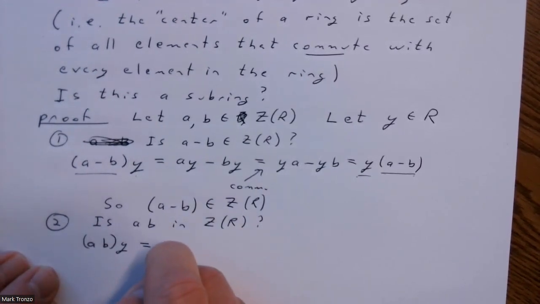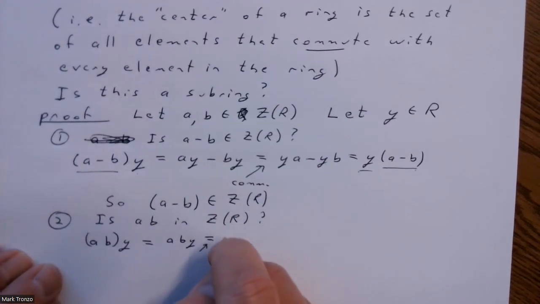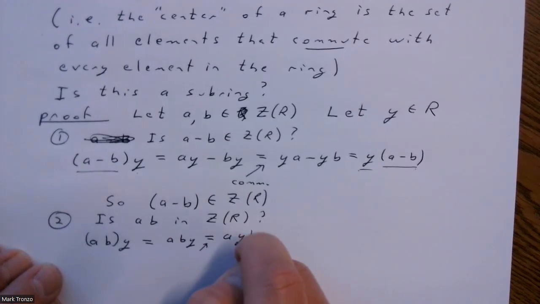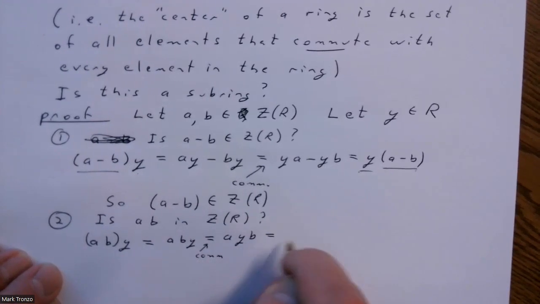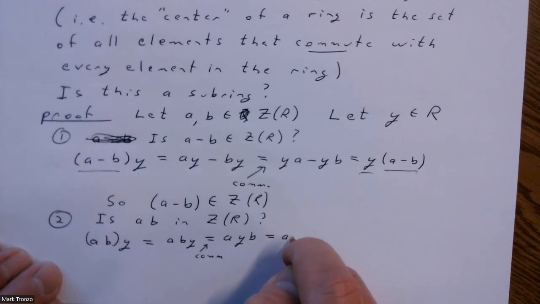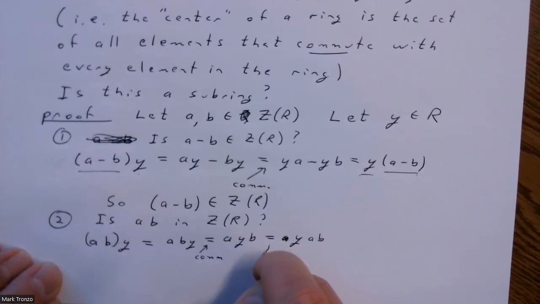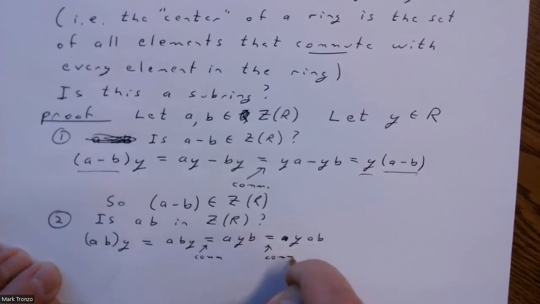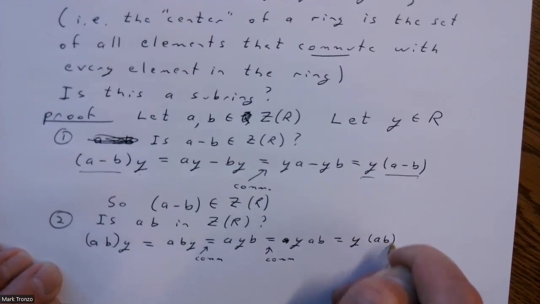Because B commutes with every element, we can rewrite this as AYB. And because A commutes with every element, we can call this YAB. And so we end up with Y times AB.